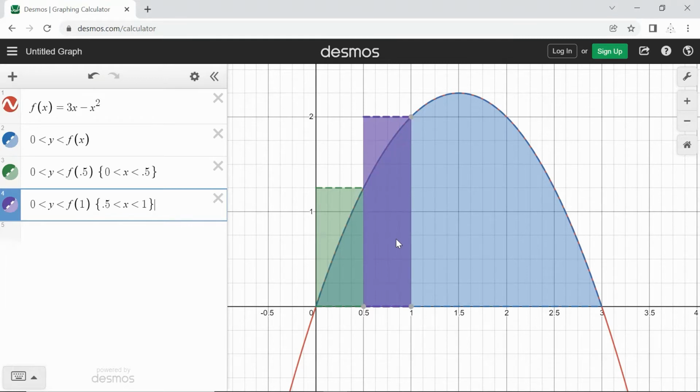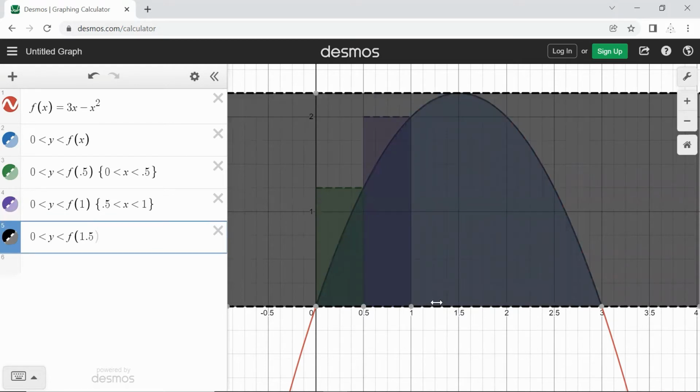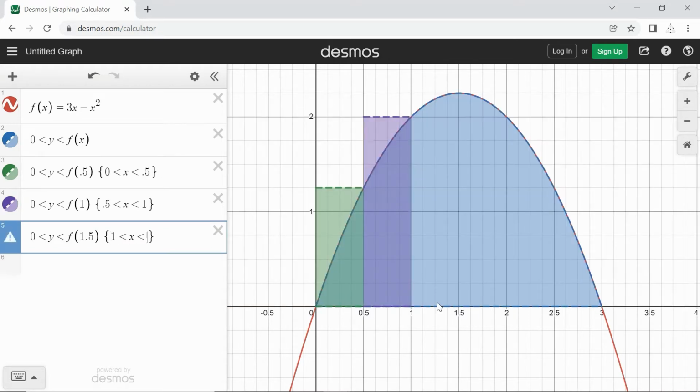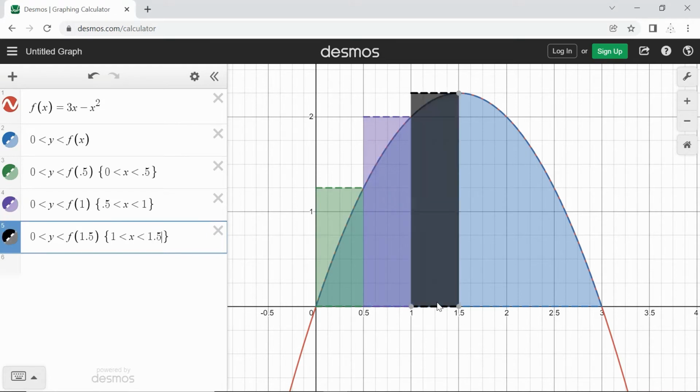Okay, let's do another rectangle from 1 to 1.5. Again, the height of the rectangle is going to be whatever the function value is at 1.5. So the y of the rectangle is going to be the function value at 1.5, and the width of the rectangle goes from an x value of 1 to an x value of 1.5. We can do the same thing for the next rectangle.